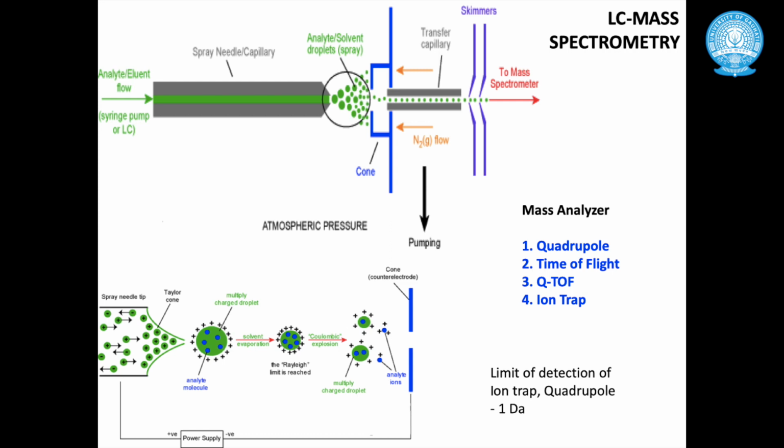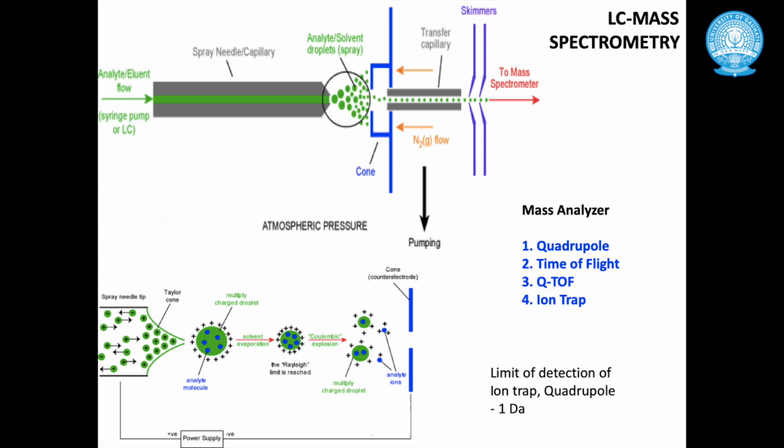So there is an ion which is representative of this compound, cyanidin 3 glucoside. Once this precursor ion is formed, this peak indicates [M+H]+. Then, depending upon the structure, there are some labile bonds which get broken in the chamber of the mass spectrometer, leading to generation of a product ion from the precursor ion.